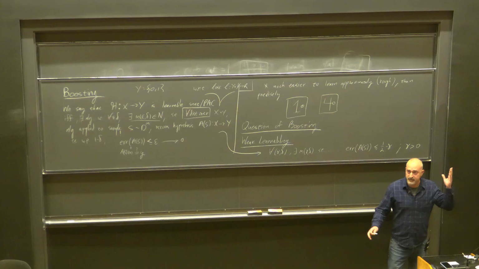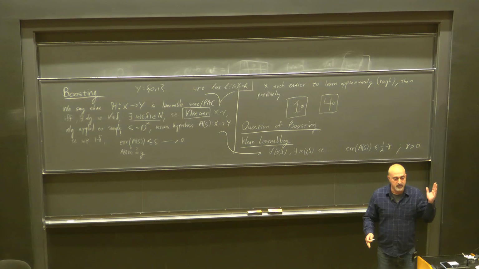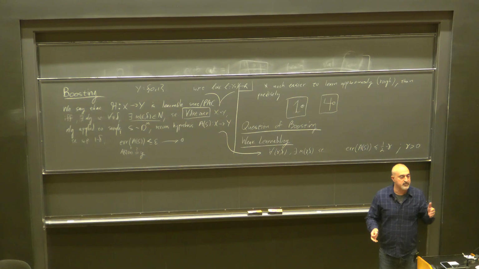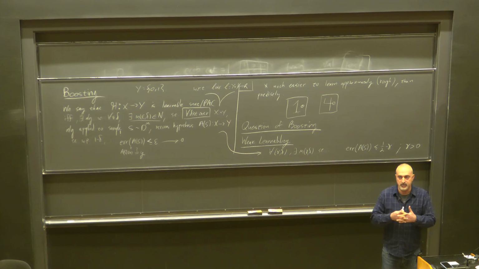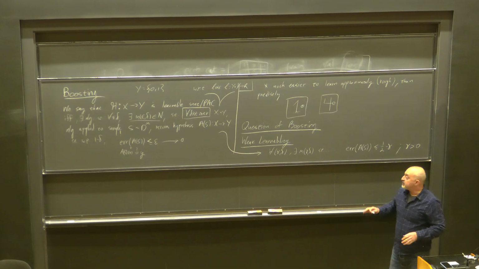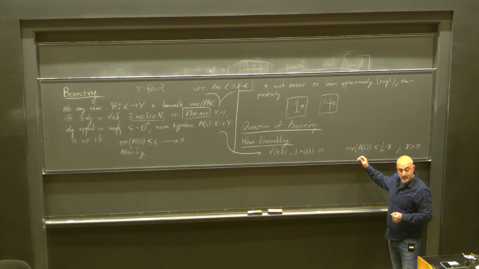By the way, half is easy, right? I can give you a hypothesis that gets it half. Throw a random coin, return heads or tails. That will get you half correct for binary classification. So it requires very little beyond chance, and I'm not requiring this to go to 0. This doesn't have to go to 0. Maybe it sounds too easy?